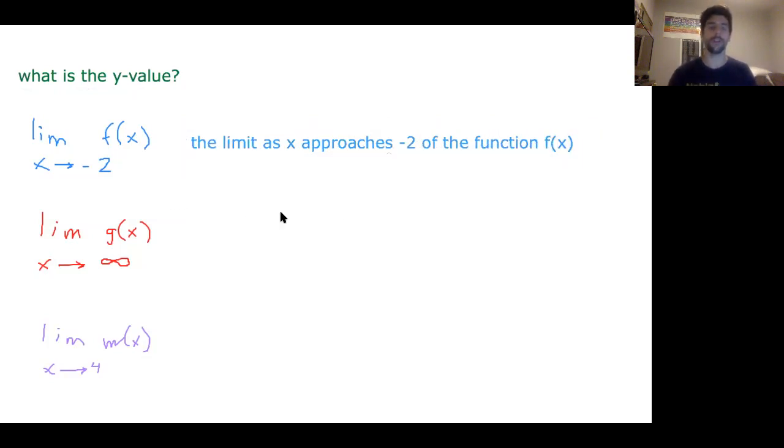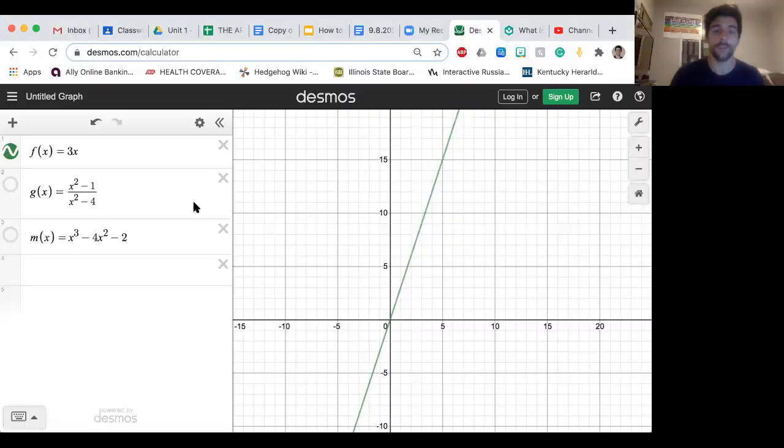Before I do the next one, I want to show off what this is really getting at. So let me stop sharing this and share my Desmos screen. So this is the function f of x, and we just have this limit notation written down. We have the limit as x approaches -2 of the function.